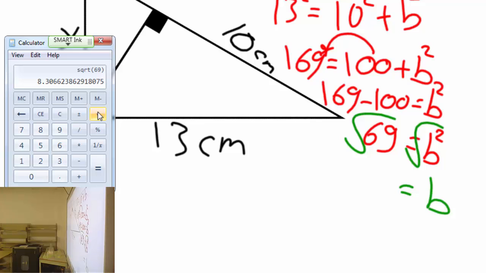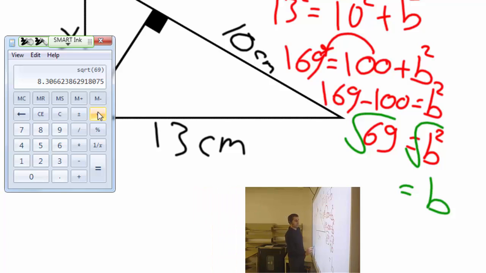It will tell you to round up whatever number, and on the top it says round up to the nearest 100. So I'm going to round this number to the nearest 100. This is the number I got, 8.30662.